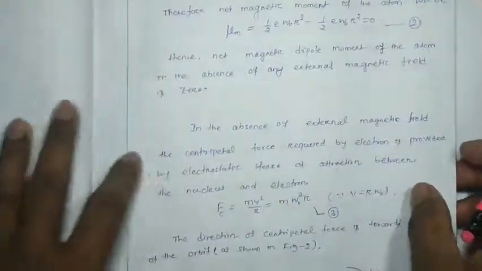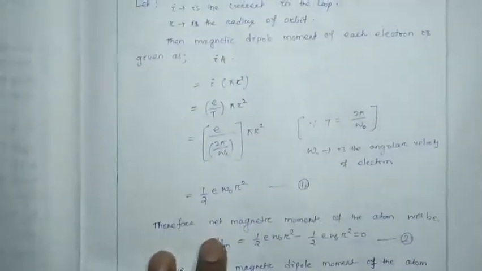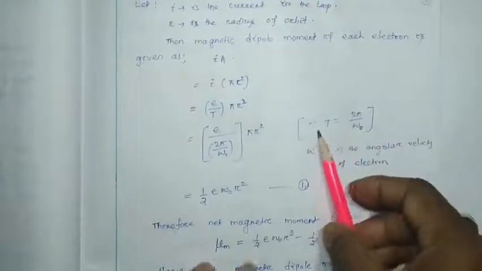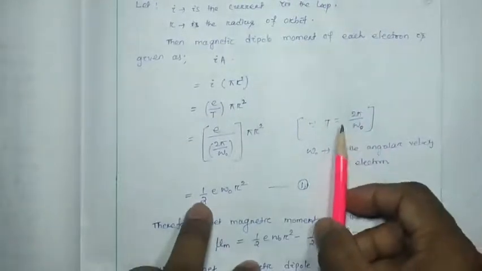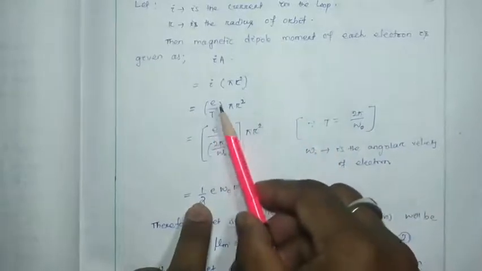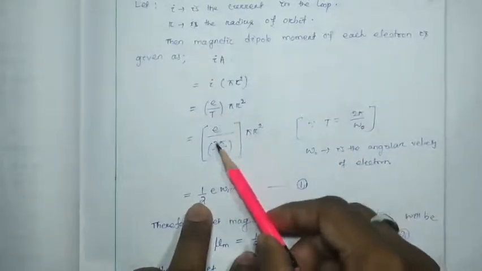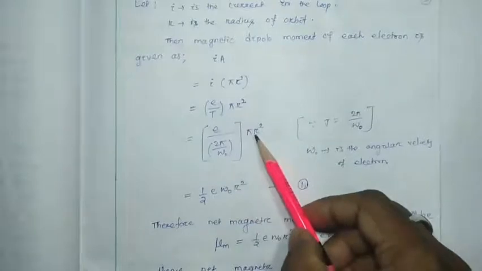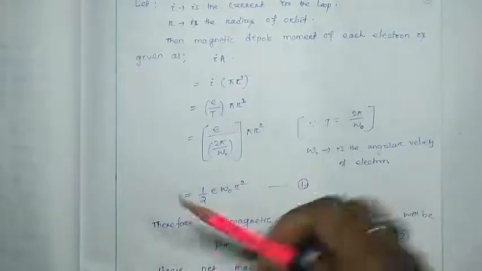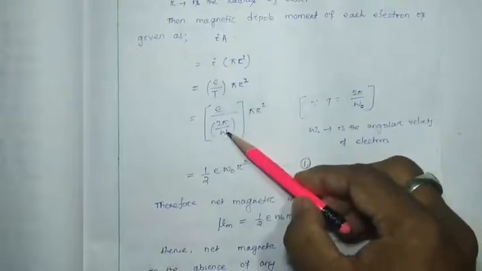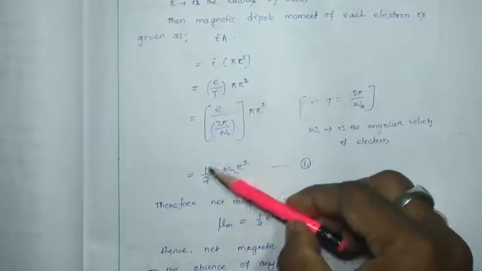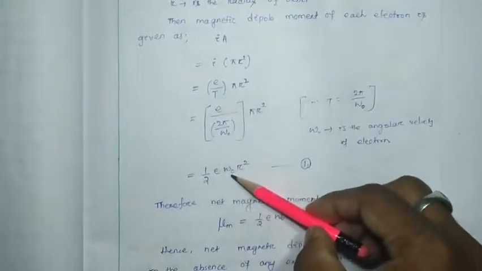Now see, the time period T we know is 2 pi by omega 0. Now we have to put this time period over here, then we get e by 2 pi by omega 0, into pi r square. Then what are we going to get? See, pi gets cancelled, omega 0 goes to the numerator, and we get half e omega 0 r square.